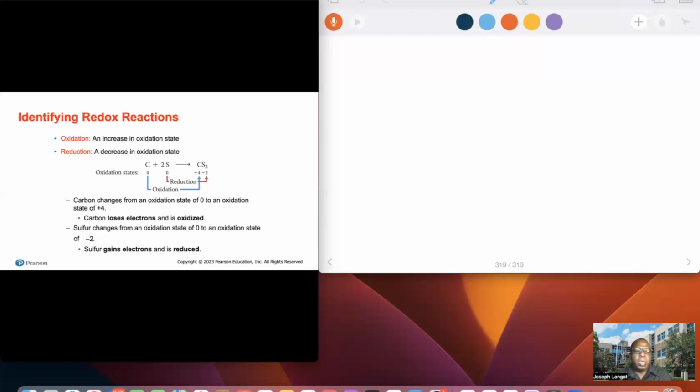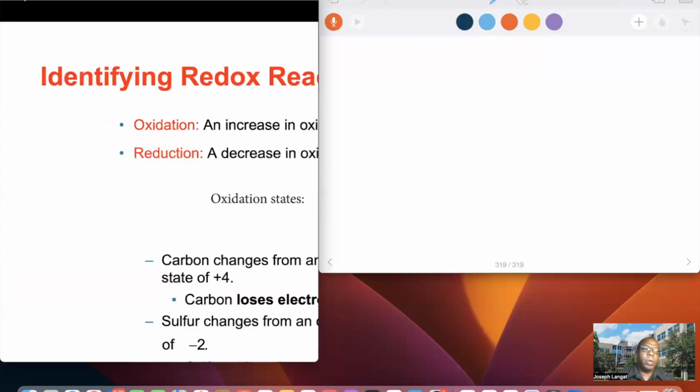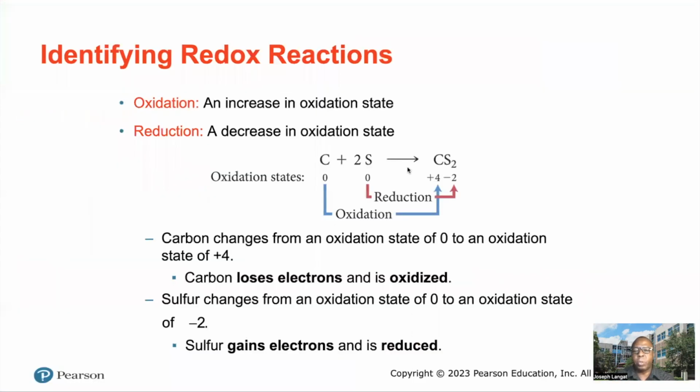So once you know what is oxidized, what is reduced, you need to be able to identify oxidizing agent and reducing agent. For example, if you look at the reaction the way it is, you can't tell which one is the reducing agent or oxidizing agent, or which step represents reduction, which step represents oxidation. Remember rule number 1, oxidation state for elemental state will always be 0. So carbon has oxidation state of 0.